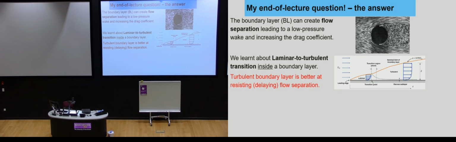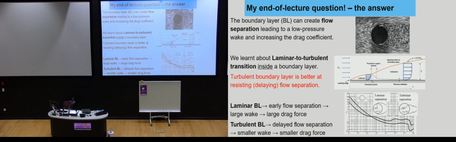Then we learned about this laminar to turbulent boundary layer transition. So we start off with a thin laminar boundary layer. Then the flow is so fast that you get this transition to a turbulent boundary layer, which is much thicker. But the turbulent boundary layer is much better at resisting this flow separation phenomenon.